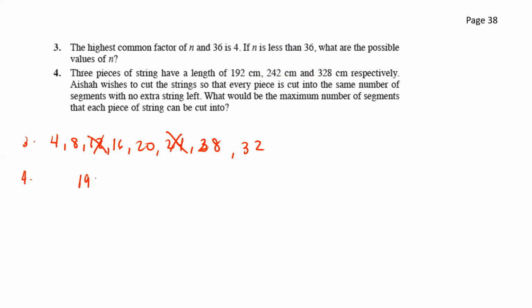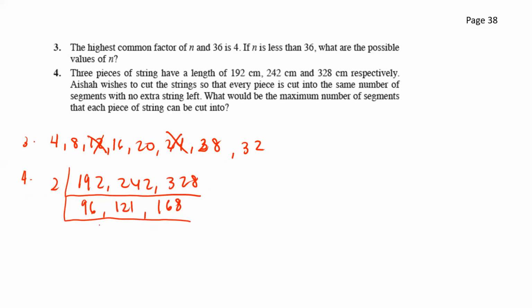So here we have 192, 242 and 328. We'll do multiple division again. So here we'll divide it by 2, 96 here, 121 and 164. So these numbers cannot be divided again, which means we only have 2.